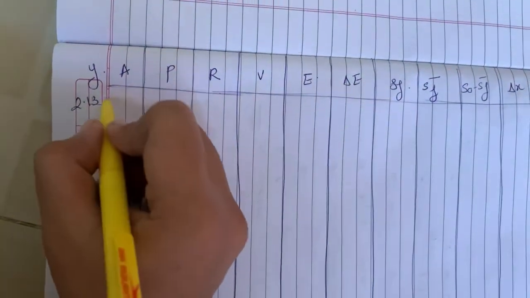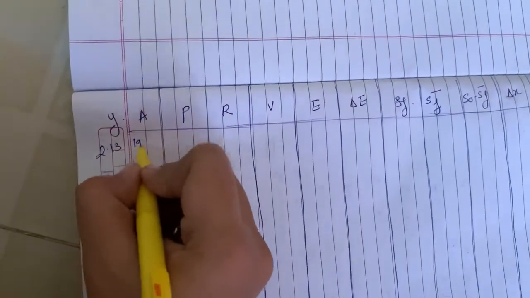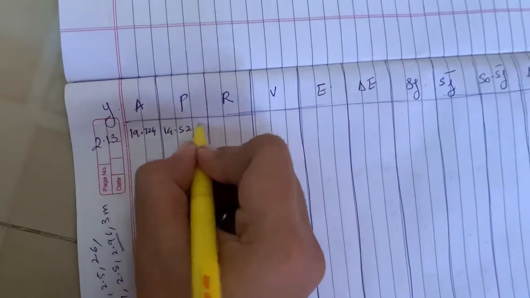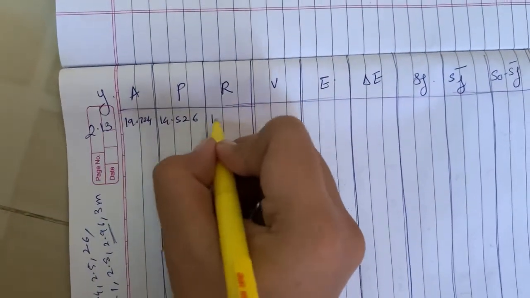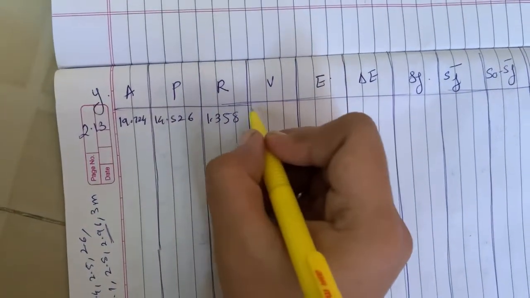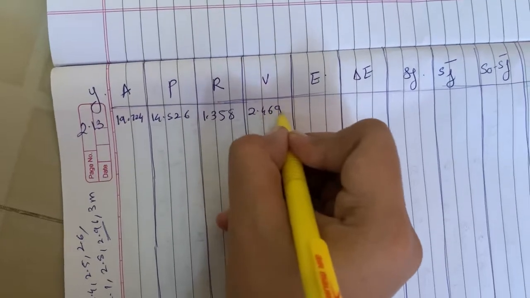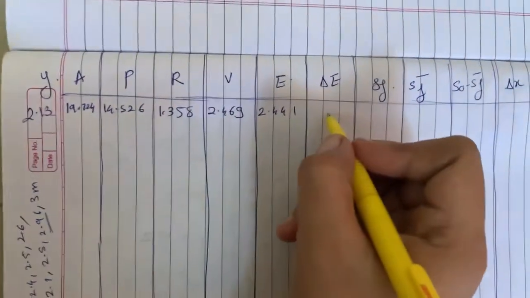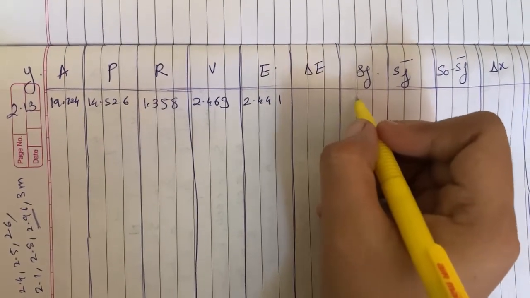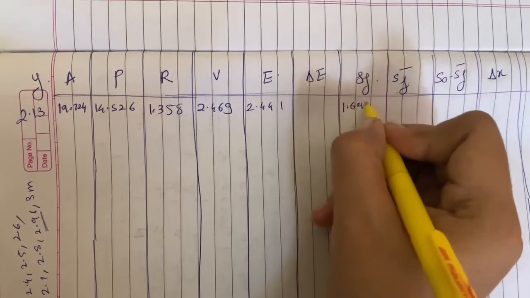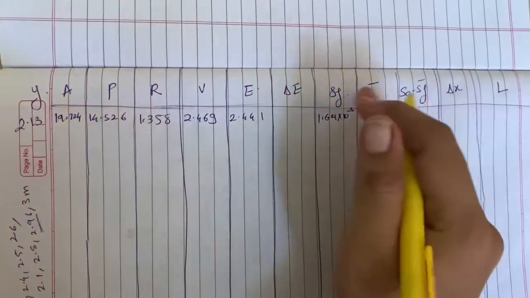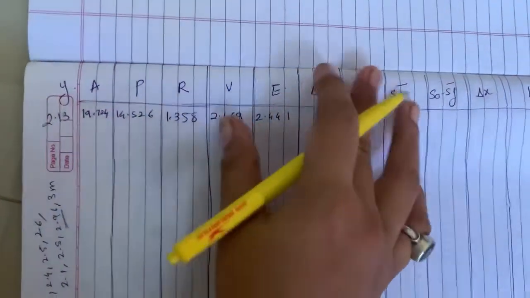Area was 19.724, P was 14.526, R was 1.358, V was 2.469, E was 2.441, delta E is remaining. Then SF was 1.621 into 10 raised to minus 3, and SF bar we need to find after calculating for the second depth.